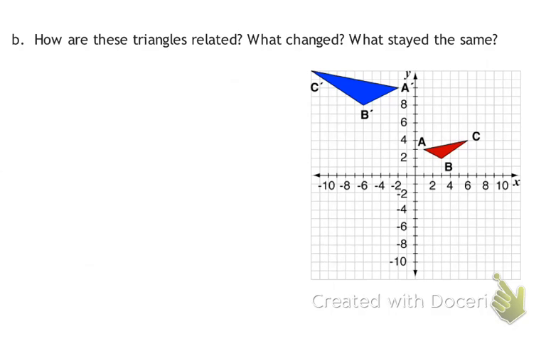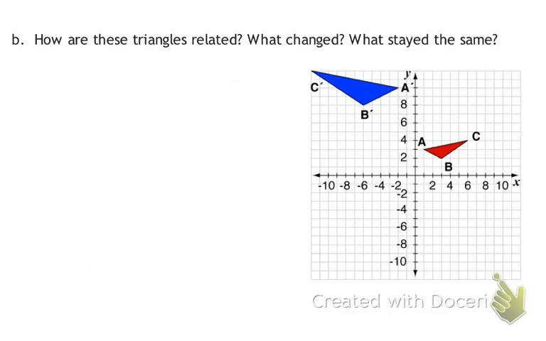Now question B. It says, how are the triangles related, what changed, and what stayed the same? Let me guide your thought process in that. For example, are my two triangles similar? Was there any kind of dilation, do you think? Was there a scale factor? Was there enlargement? Was there shrinking?